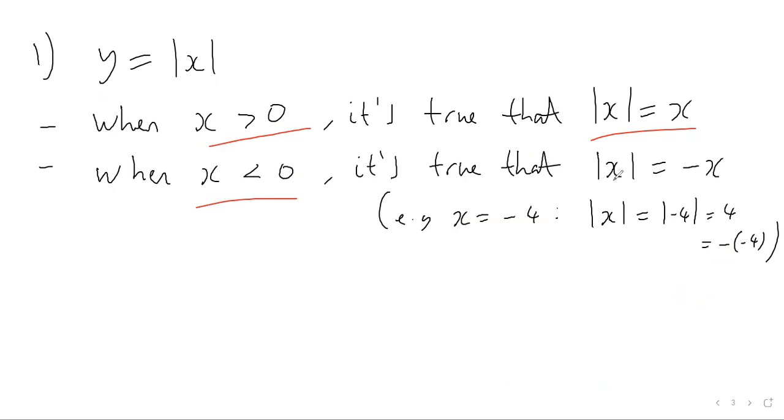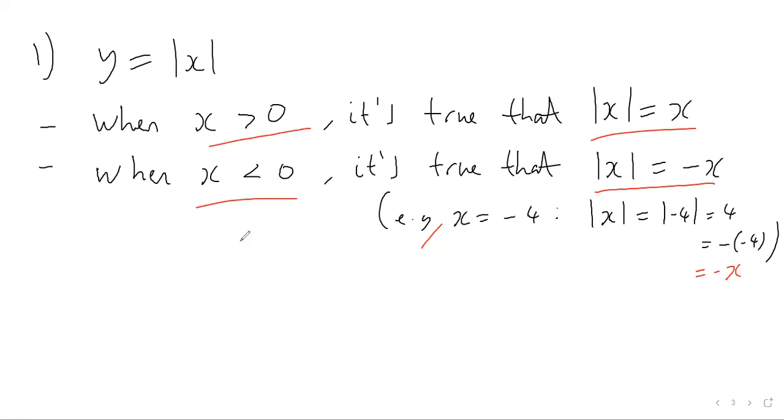Then the modulus of x is equal to minus x. For example, if x is -4, the modulus of -4 is +4, which is minus x.